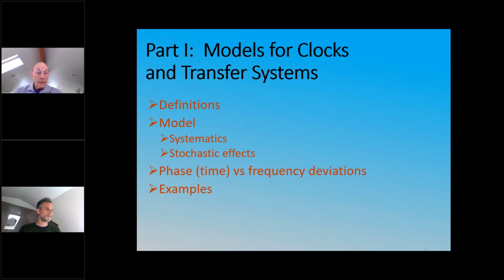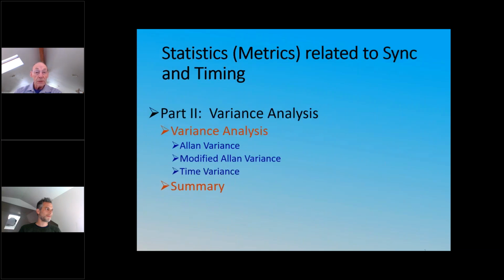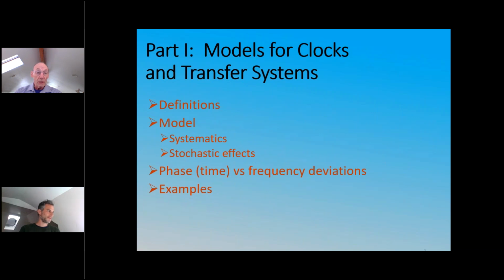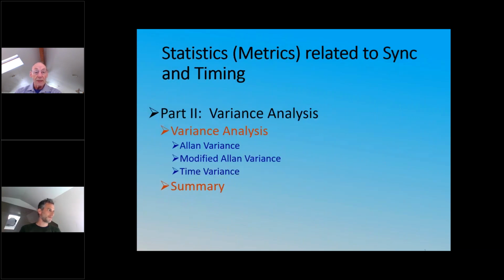So part one will be the model, and part two will be how to characterize clocks using variance analysis. There are essentially three variances or deviations that I'll present: the Allan variance, the modified Allan variance, and the time variance. They're all very related.